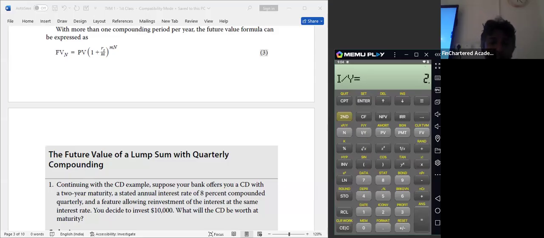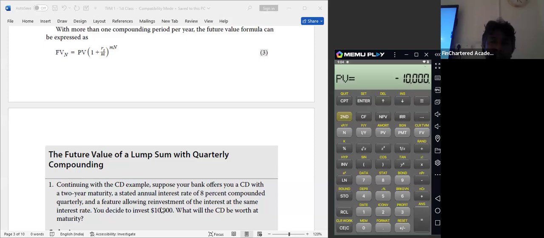Then how much are you investing? You are investing 10,000, right? So take that 10,000 as your PV. Are you getting any PMT? Are you getting any coupons or any returns in between? No, nothing.